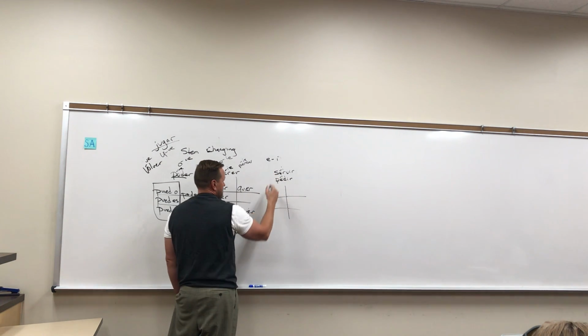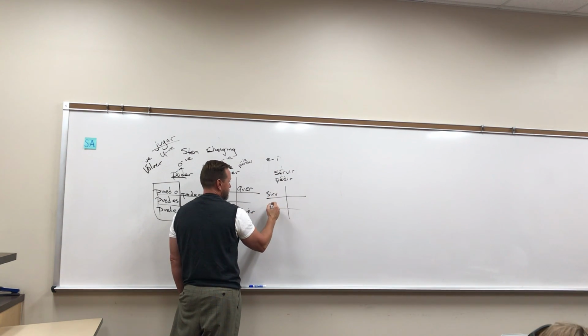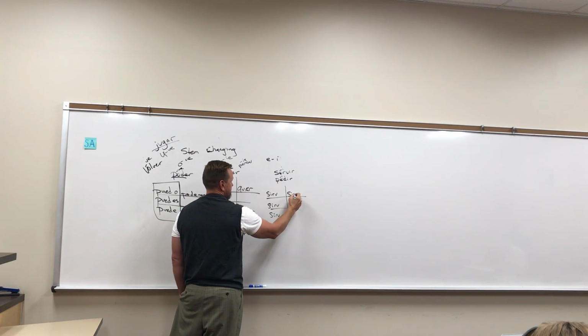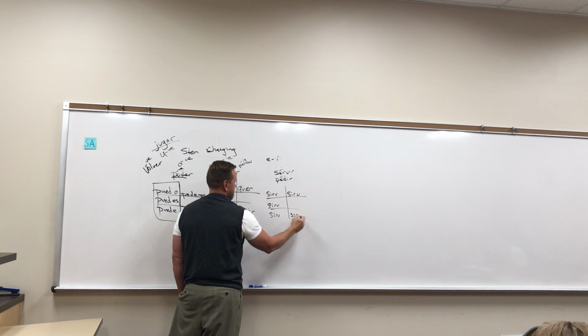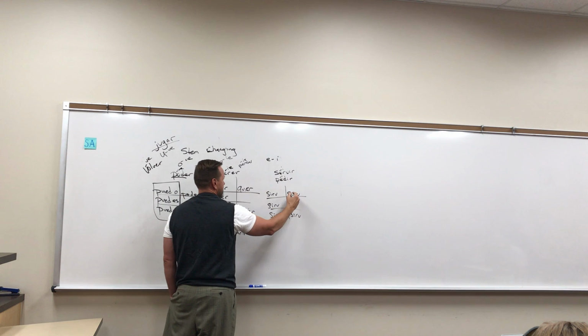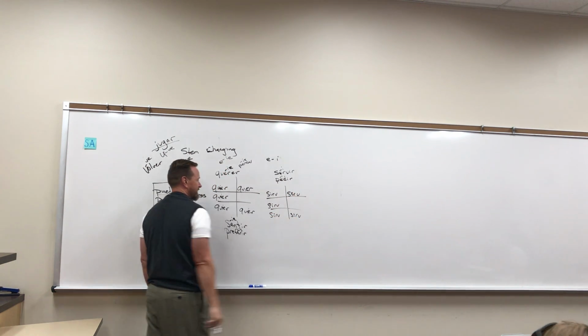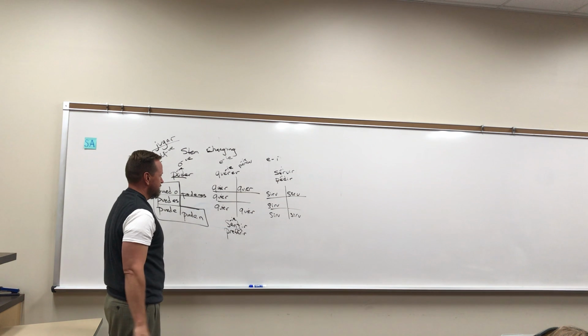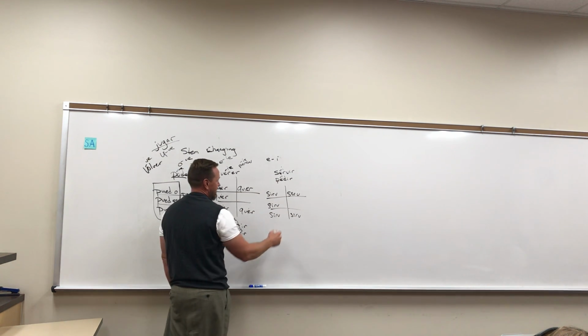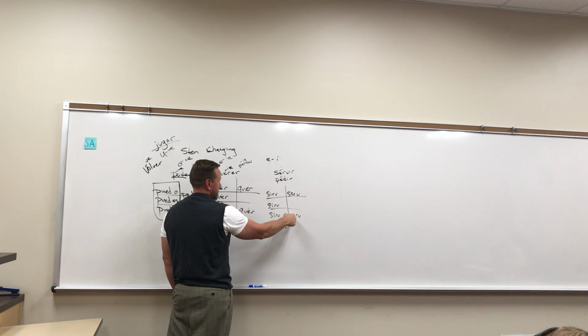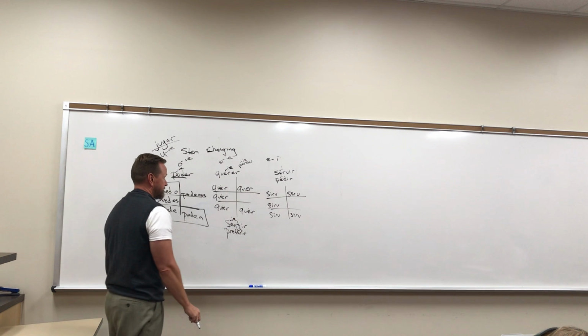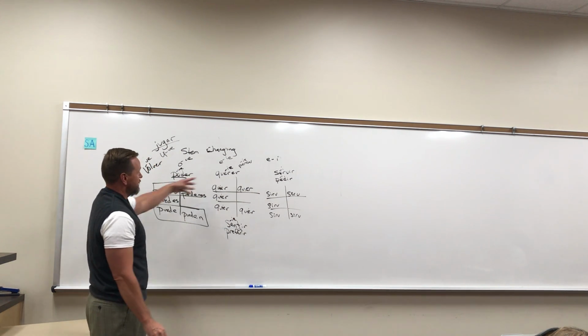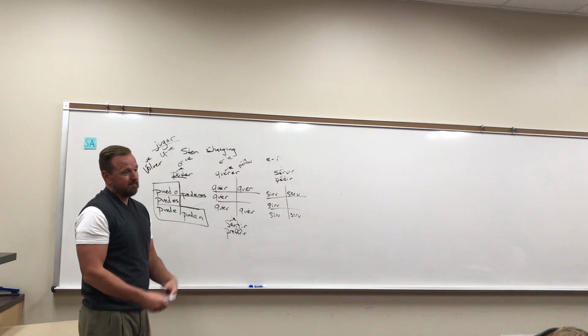So the stem changes to sirv. Sirvo, sirves, sirve, servimos, sirven. The nosotros form doesn't change. I messed up on the last two because I'm just going too fast. And there you have your three types of stem changing verbs.